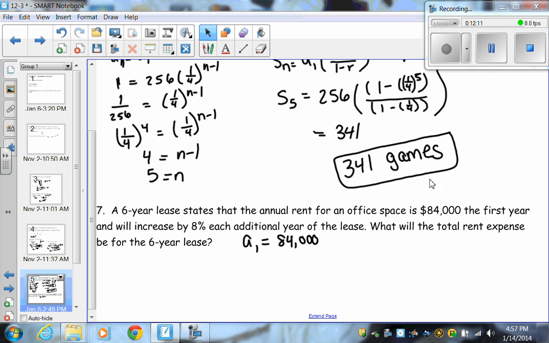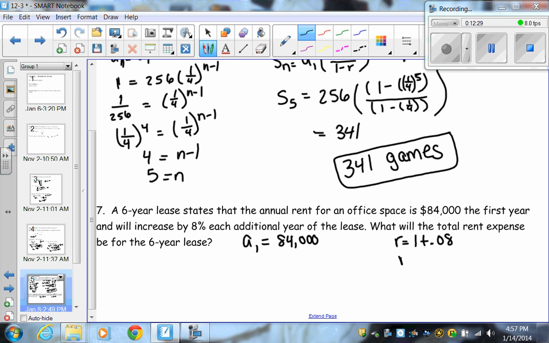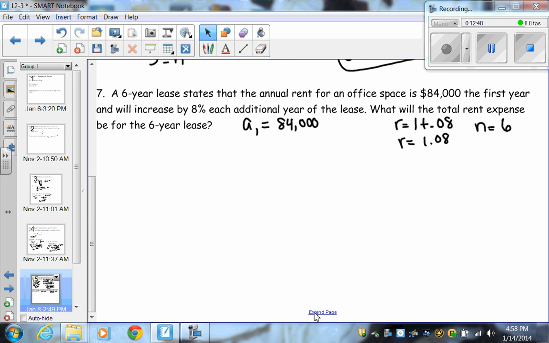Then it tells you that each year it increases 8%. So if you remember, your rate is really going to be 1 plus your interest. So in this case, 8% would be 0.08. So our r here is 1.08. And then 6 years tells me that n is 6.